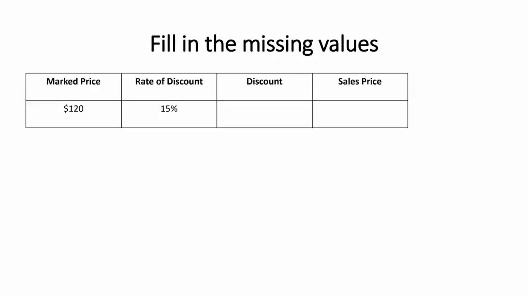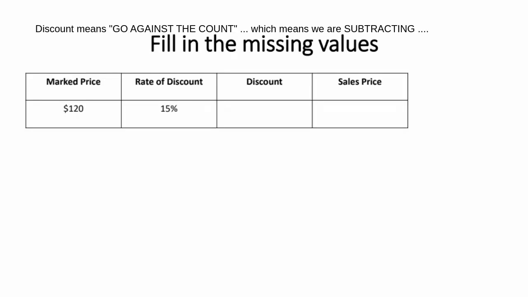And then we have discount. Okay. Now, discount means go against the count, which means we are subtracting.